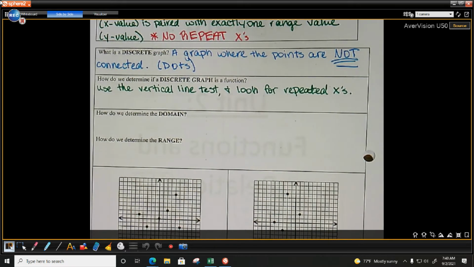Have y'all done the vertical line test before? Yes, I think that's nothing new, right? If you haven't, we're going over it again today, so you're okay.